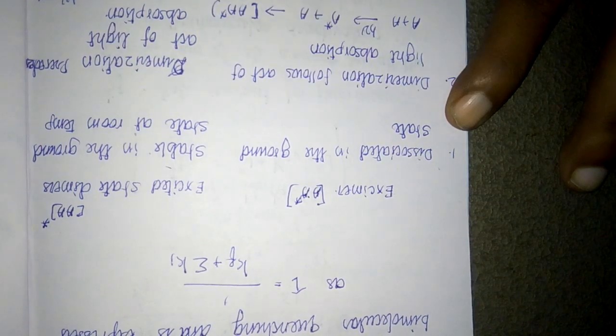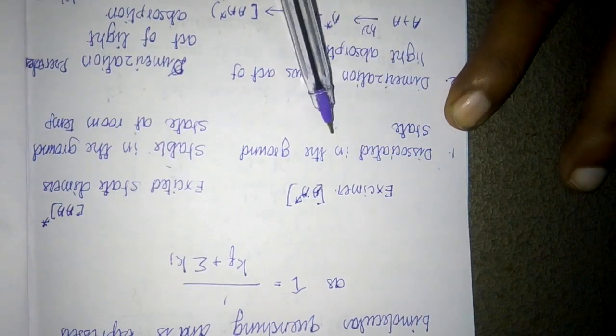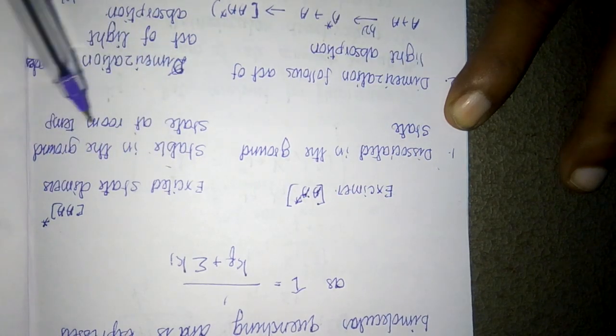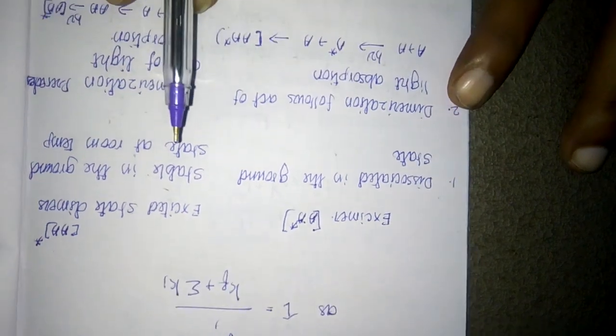The first difference between the excimer and the exciplex, that is, excited state dimers: the excimer dissociates in the ground state, but the exciplex is stable in the ground state at room temperature, and at room temperature the exciplex is more stable.